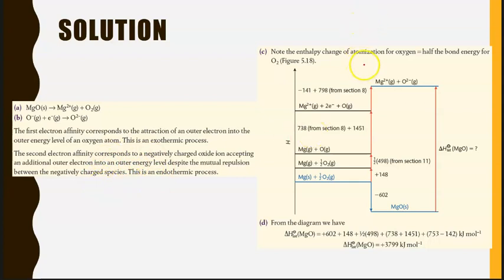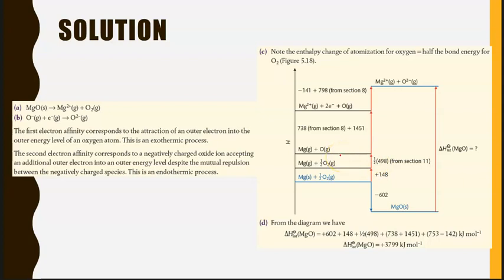So when we look at drawing our Born-Haber cycle, okay, we need to look at the enthalpy change for the atomization for oxygen. So remembering that oxygen has a double bond, we're going to need half the bond energy for O2. So we're starting here. We're going to have the atomization of the magnesium from the data booklet, plus 148. Atomization of oxygen, we're halving the double bond of our oxygen molecule from the bond enthalpy tables.